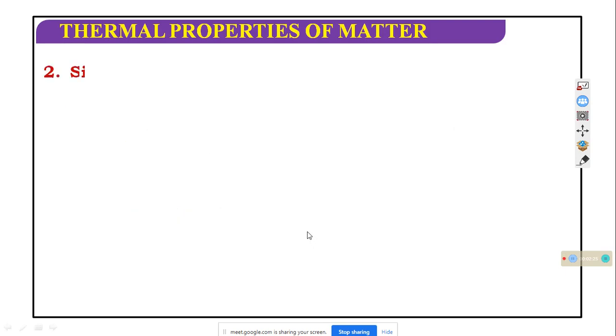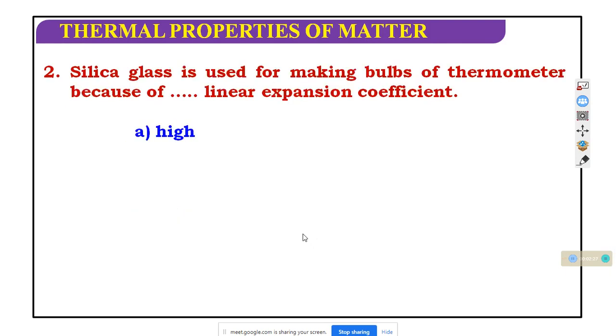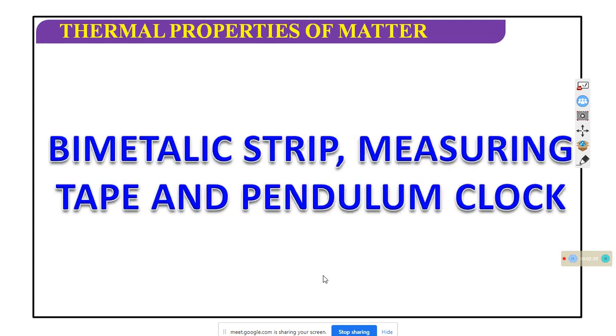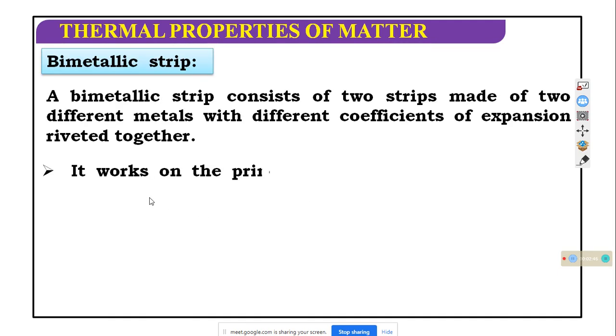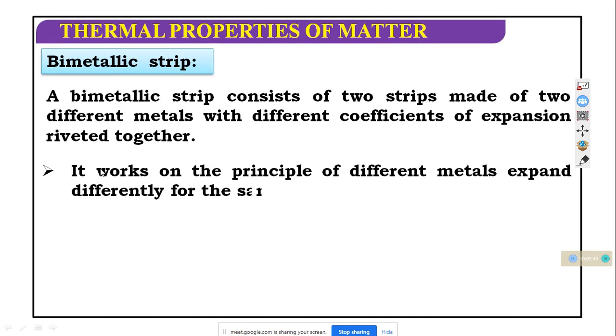Okay, silica glass is used for making the bulb of a thermometer because it has a low linear expansion coefficient. Okay, the bimetallic strip consists of two strips made of two different metals with different coefficients of expansion.